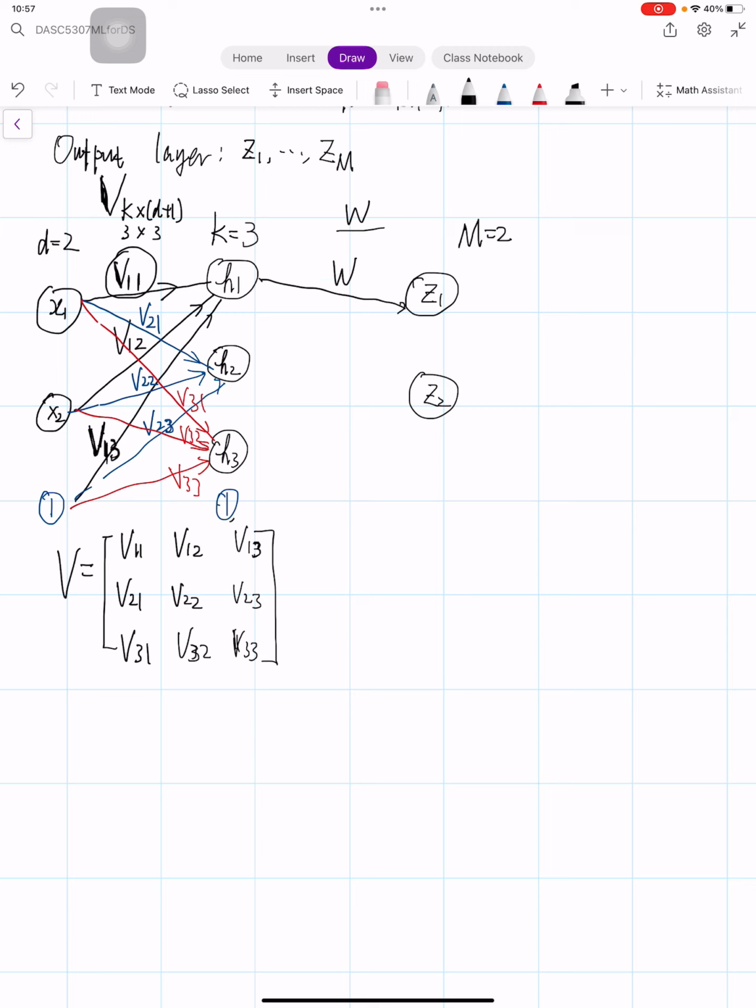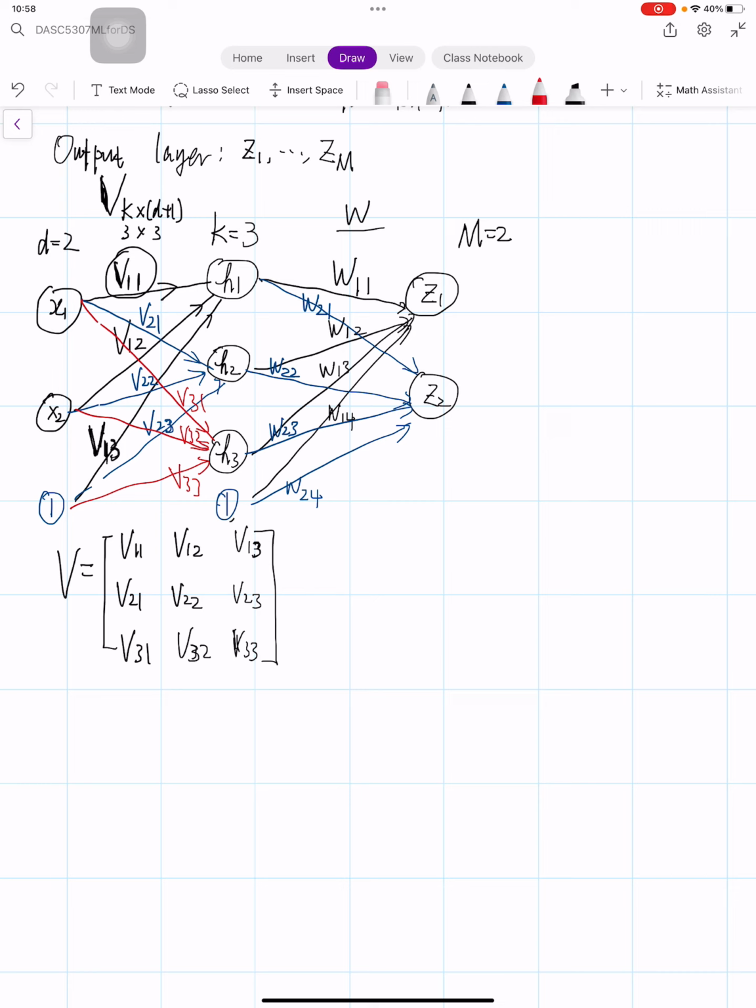We have the weights to the first output: W11, W12, W13, W14. And for the second output: W21, W22, W23, W24. So we have all the weights here.